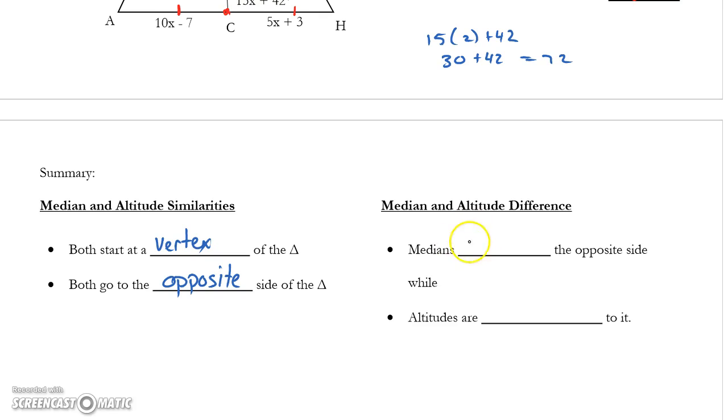Medians bisect the opposite side, or they go to a midpoint. But altitudes are perpendicular to the opposite side, not necessarily the midpoint. Okay. The next video for today is going to discuss our last special segment for triangles, an angle bisector.